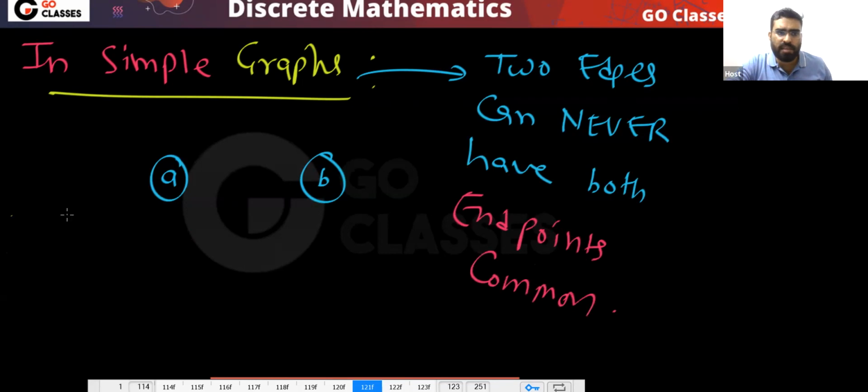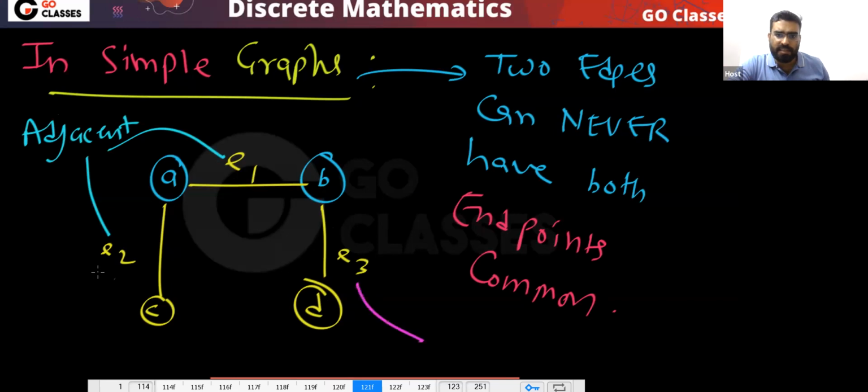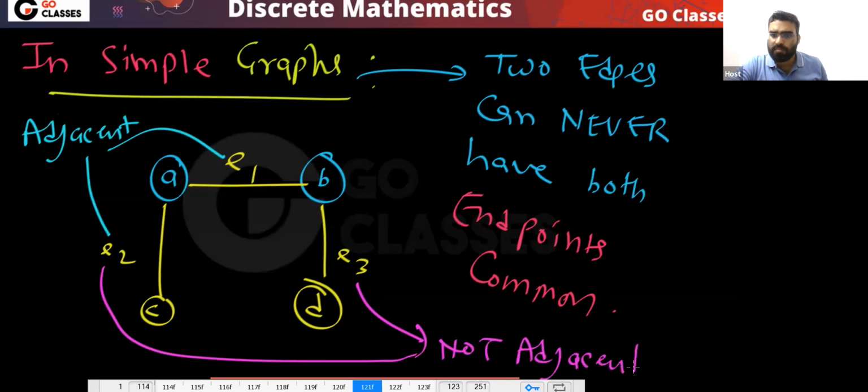You can notice that this type of thing is not allowed in a simple graph. So I can say this E1 and this E2 are adjacent. But this E3 and this E2 are not adjacent because they don't have anything in common.